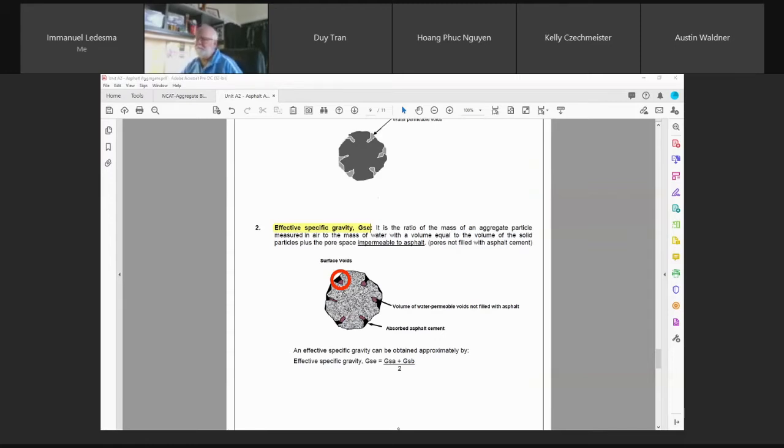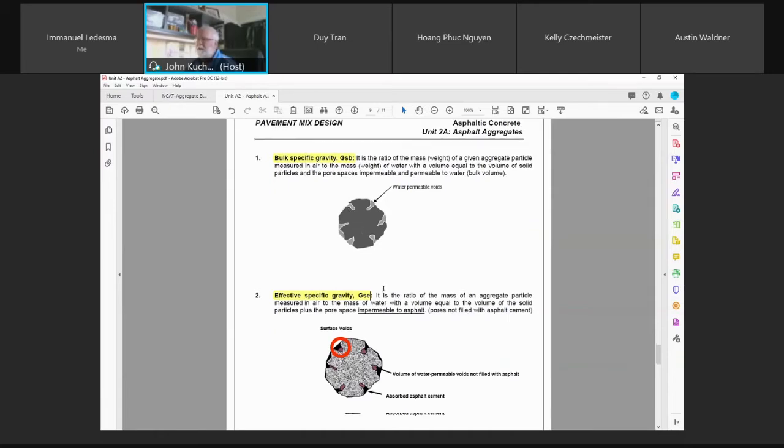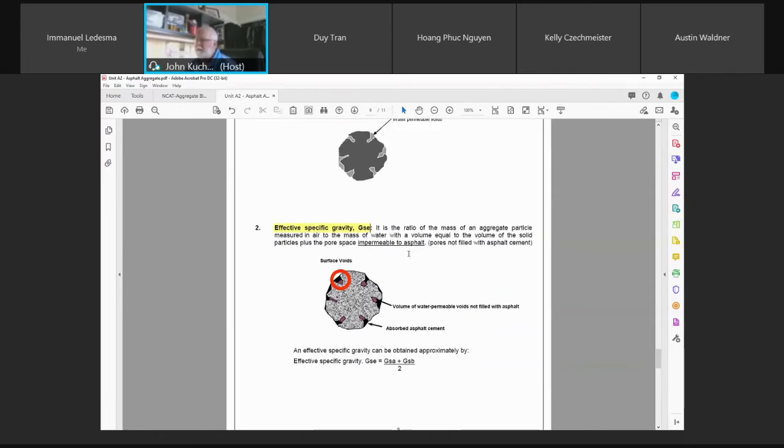Okay, now quickly go back to what I said. We've got the bulk specific gravity. It includes the inert aggregate plus the voids. The effective does not include the pores that do not absorb asphalt, impermeable to asphalt, pores not filled with asphalt cement. Here you can see in the sketch, you got a surface void.